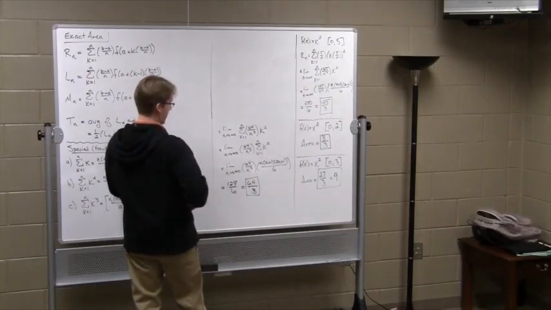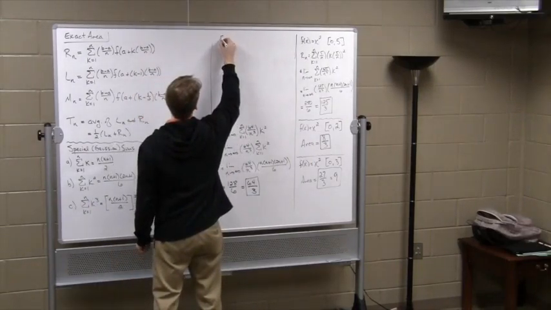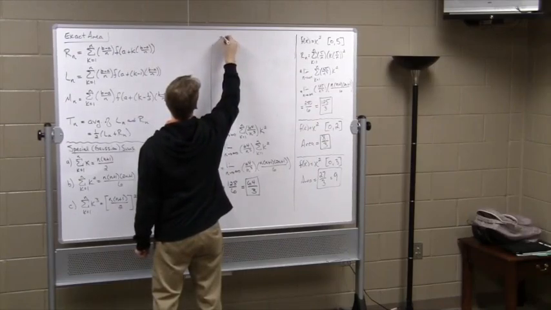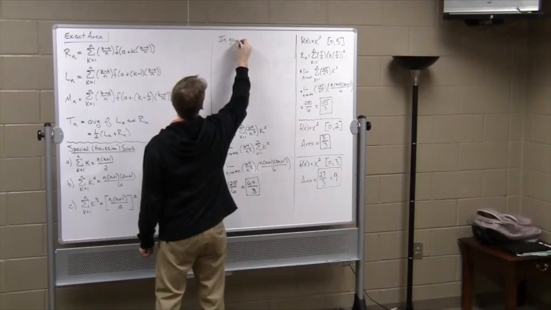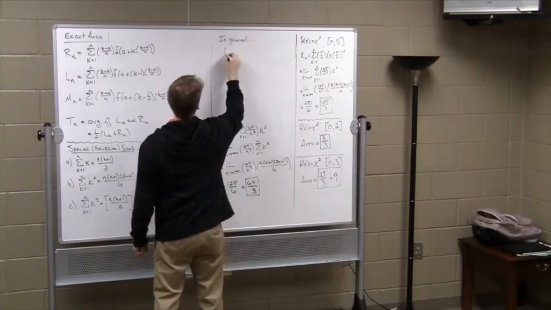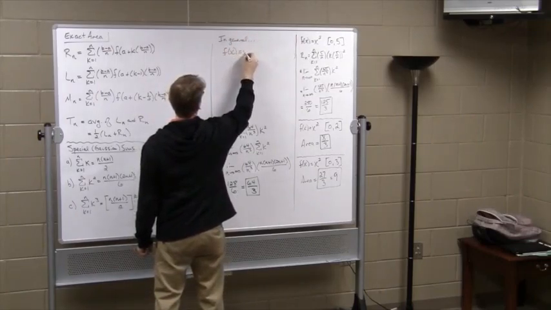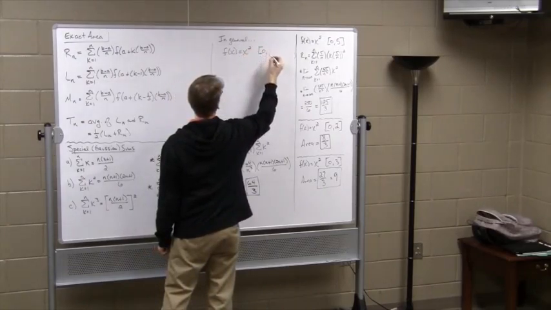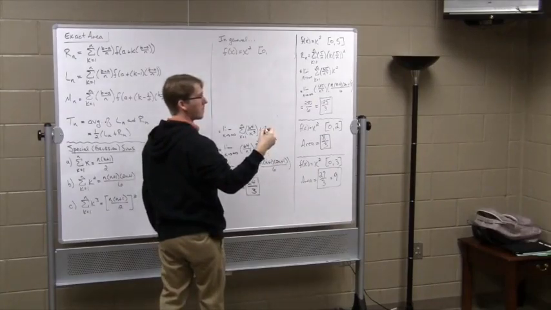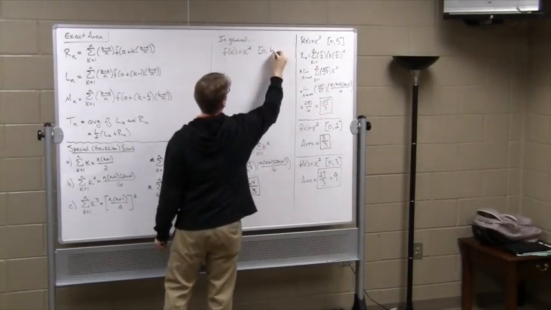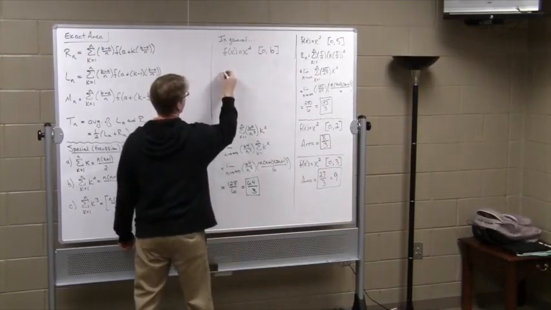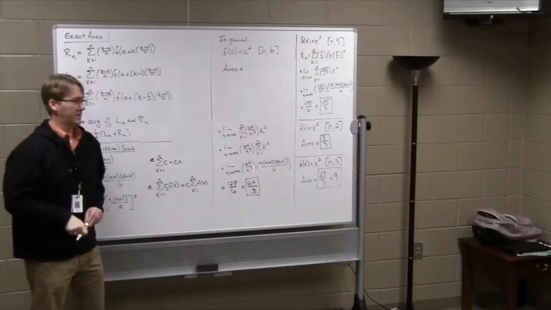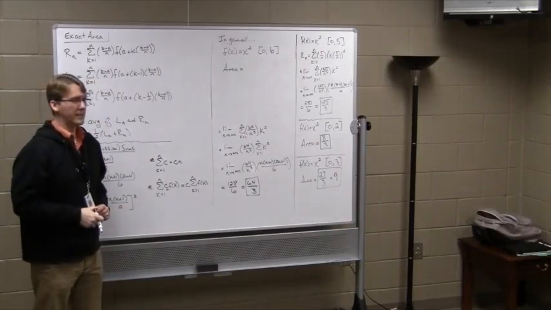So if our function is x squared, and if our interval goes from 0 to b, what is my area going to be, Shannon? B cubed over 3.